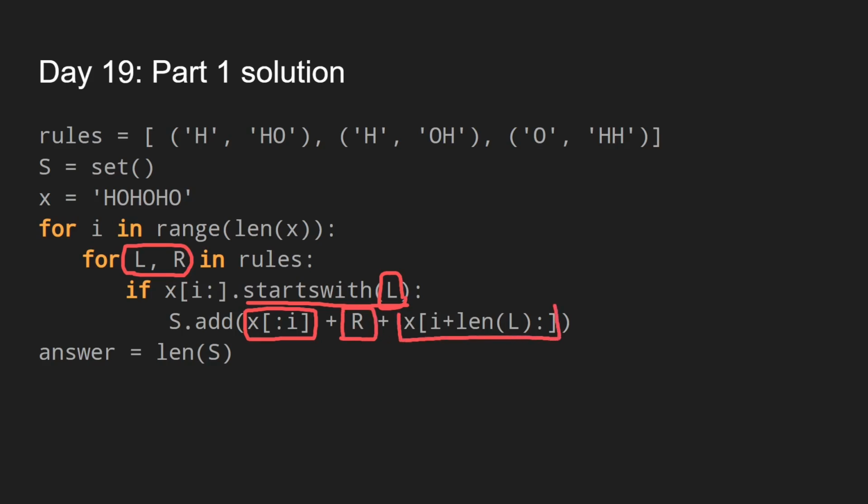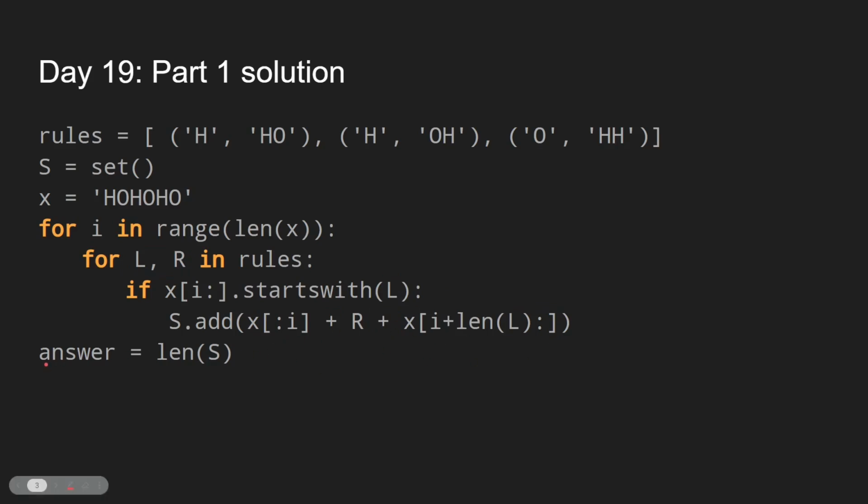Then after that we concatenate the rest of the string, excluding the current position and also the whole length of the string we are matching. So if the left side has length greater than 1, we need to make sure that we do not include any of the left side in the result. And then the answer to the question is just the number of unique elements in the set. So we get that with len s.